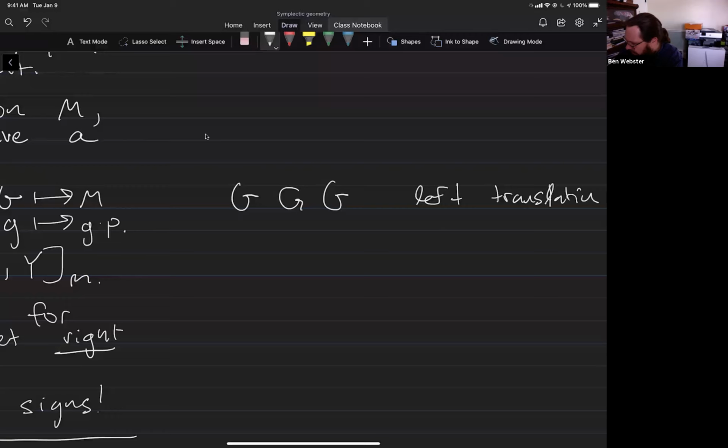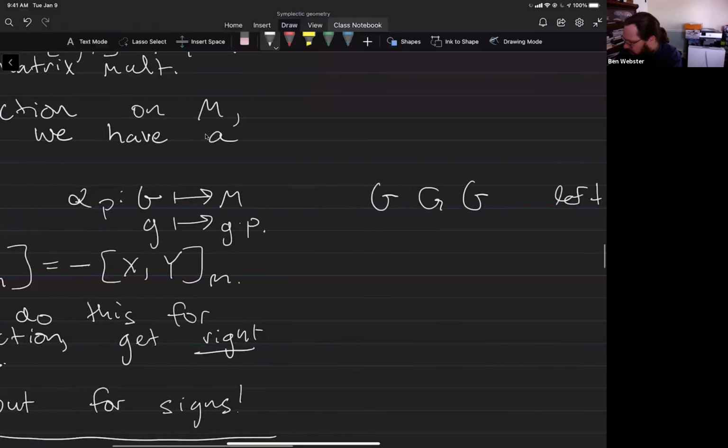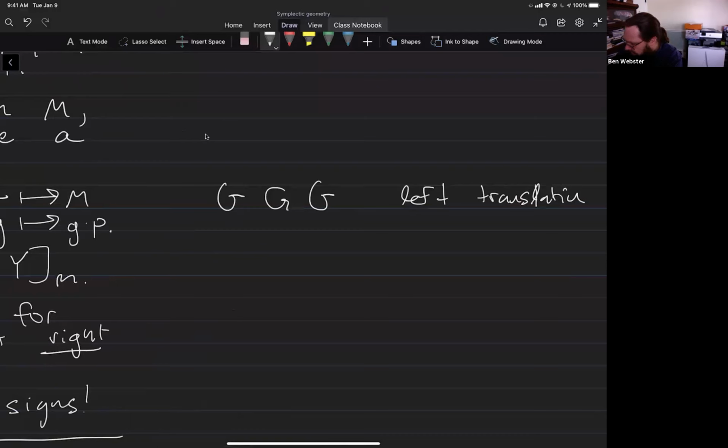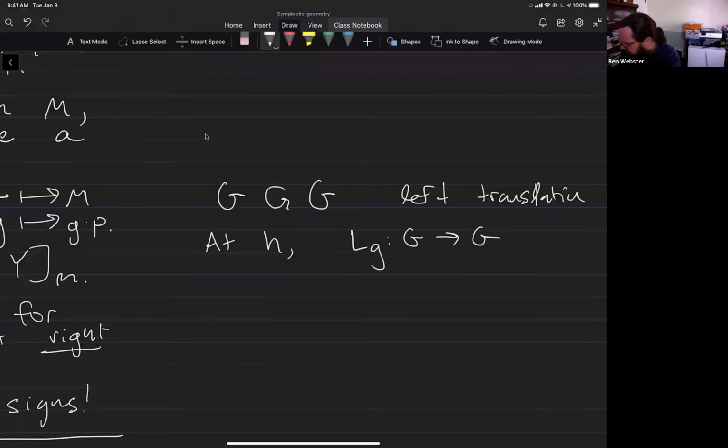If I look at my definition, at H, I look at the map L_G from G to G. Wait, I'm now worried that this is not working out right.